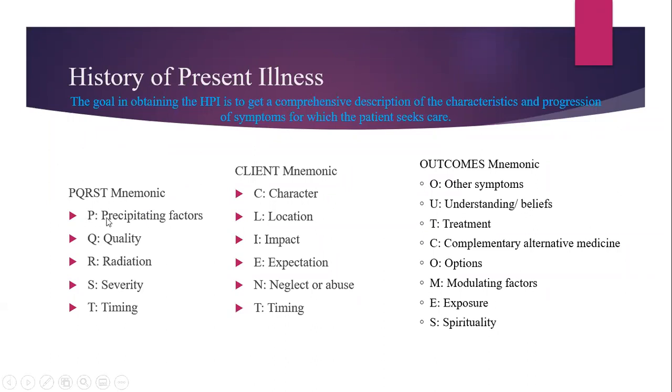For example, P, precipitating factor: what provokes your symptom? What do you do that makes your problem increase, or what do you do that makes your problem go down? Also, quality means describing the character or location of the symptom.